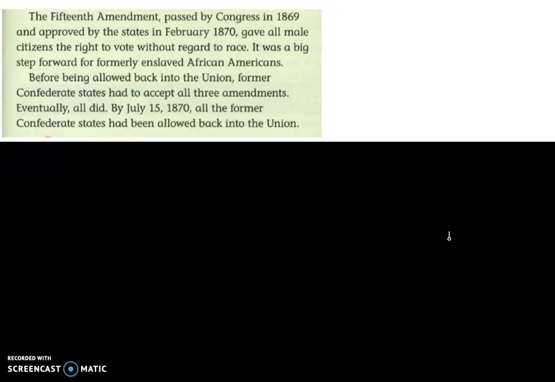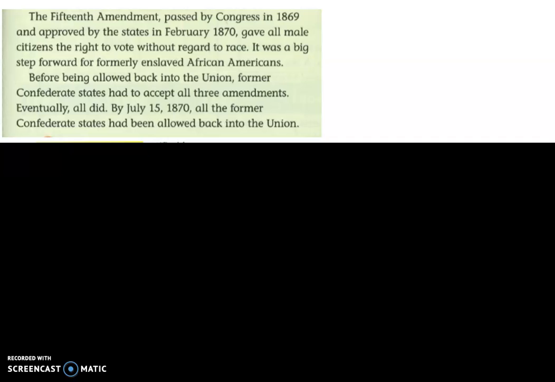Before being allowed back into the Union, former Confederate states had to accept all three amendments, the 13th, 14th, and 15th Amendments. Eventually, all did. By July 15th, 1870, all the former Confederate states had been allowed back into the Union. So think about from the time the Civil War ended in April of 1865 until all the states came back into the Union, 1870.